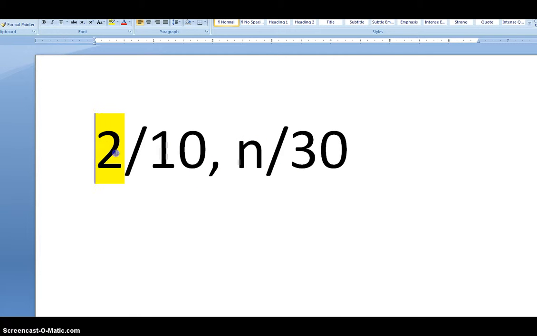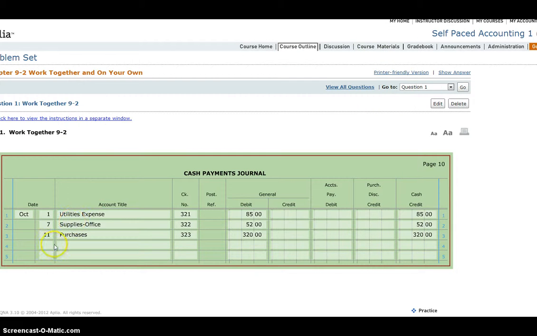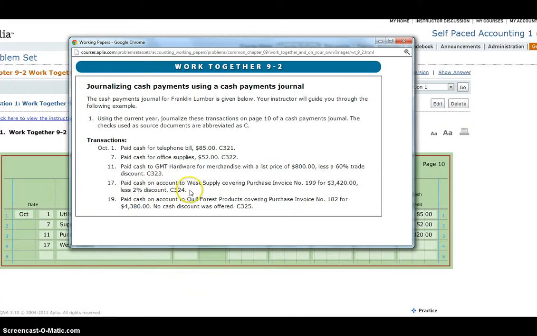So we get a 2% discount because we're paying within a 10-day time period. So we have to calculate that, and calculating is very, very simple. We'll first of all record right here that on the 17th we owe West Supply, and West Supply is the name of the accounts payable account that we owe, because if you remember, we purchased it on account.